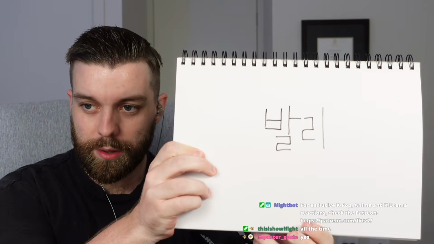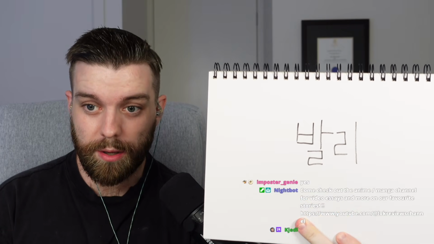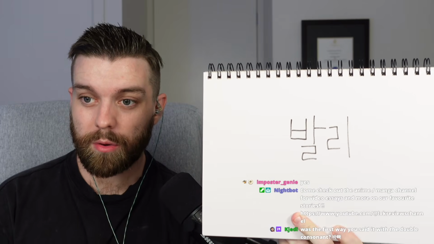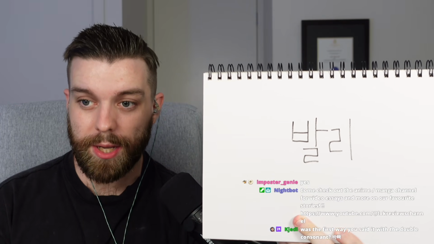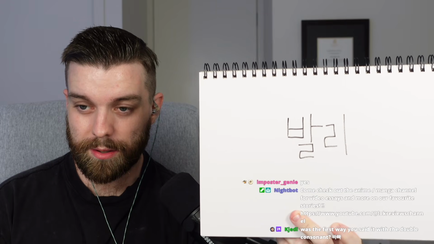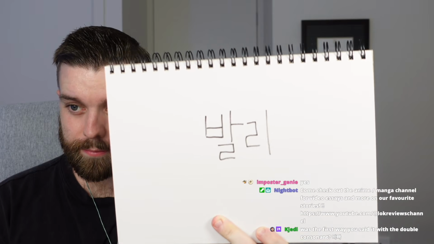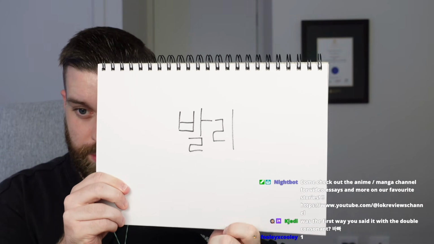All right. Does this read 빨리? Or does this read 빨리? Which one do we reckon? Just trying not to hold the paper too close so that you can still see it.